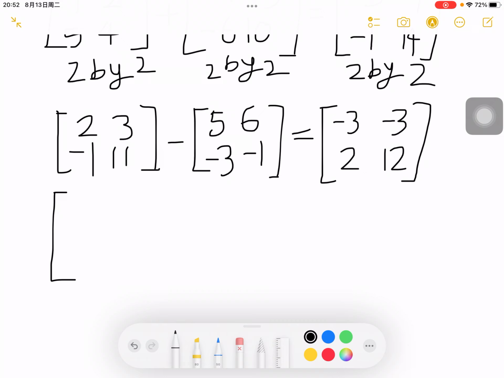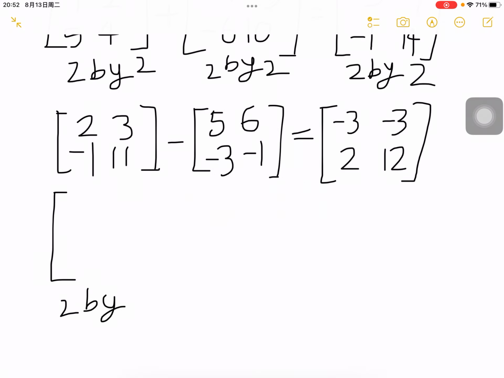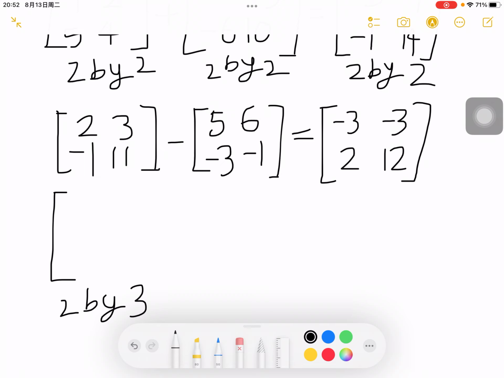So let's do a 2 by 3 one. A 2 by 3 matrix. We have 5, 6, 7, then -1, 10, -8.